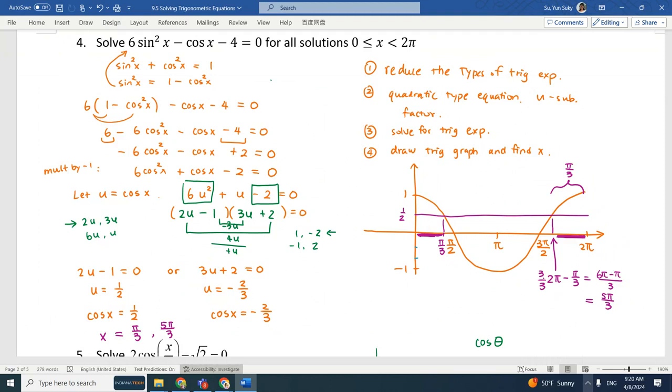We cut into 3 pieces, and here this number is negative 2/3. And you draw it. We know it's going to be this angle and this angle. But how do we find these angles?